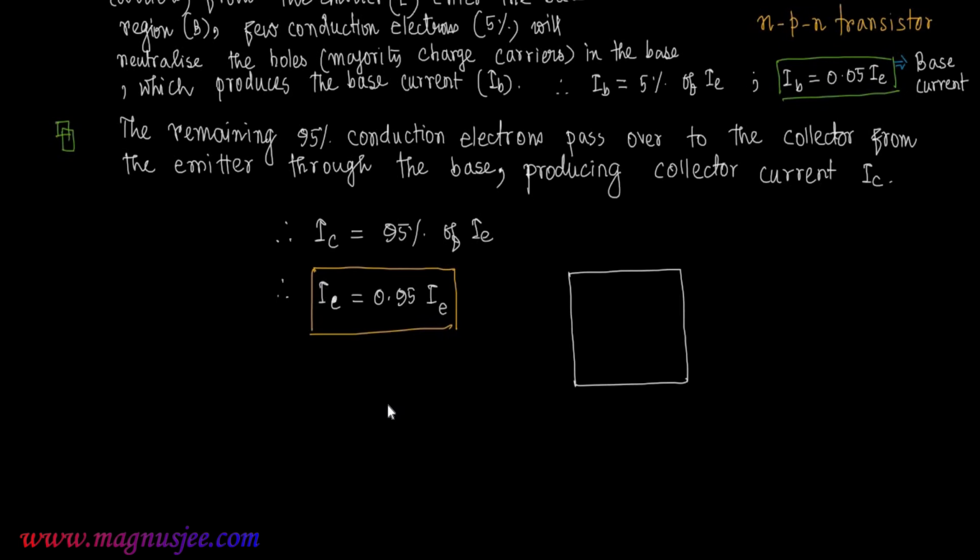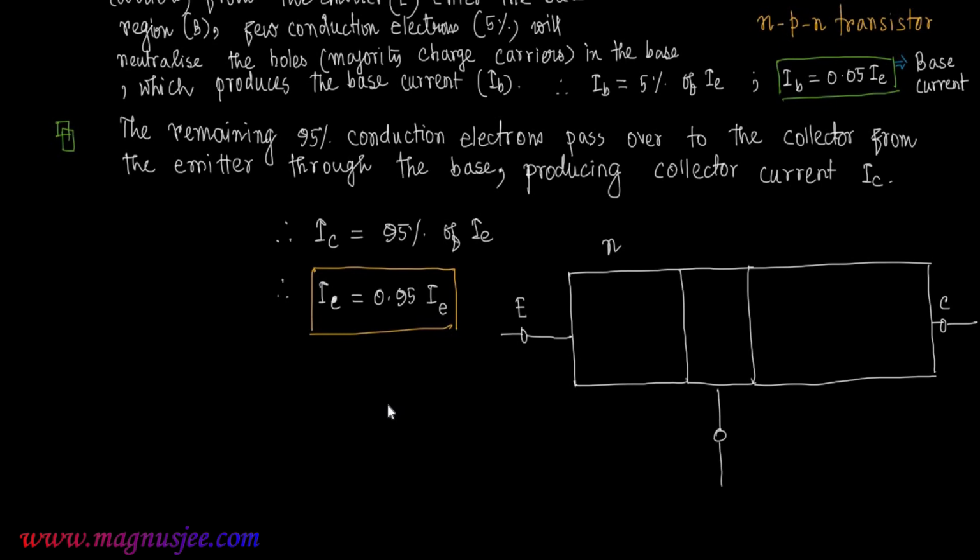And if we explain again, this is the N-type emitter, and this is the base, which is the thinnest part of the junction transistor, and the longest part of the junction transistor is the collector. This end is the collector terminal, this terminal is the emitter terminal, and the middle terminal is the base terminal. Base is P-type and collector is N-type.